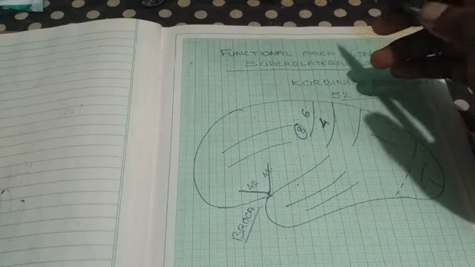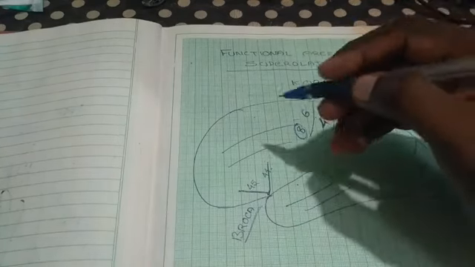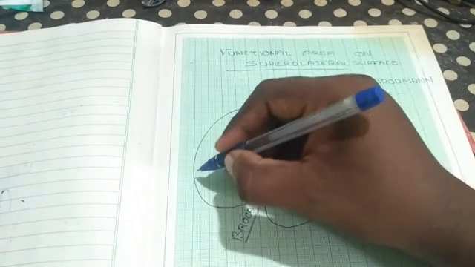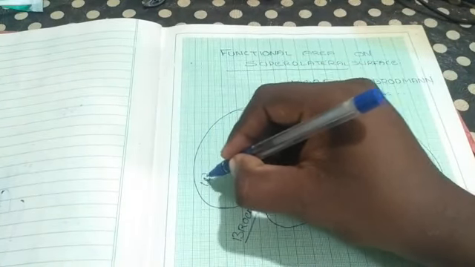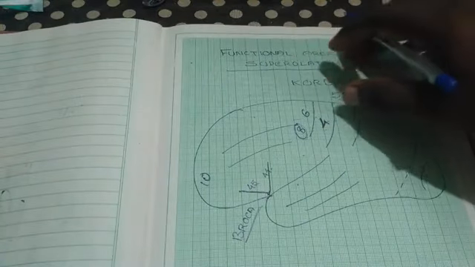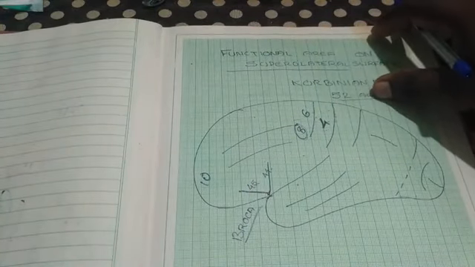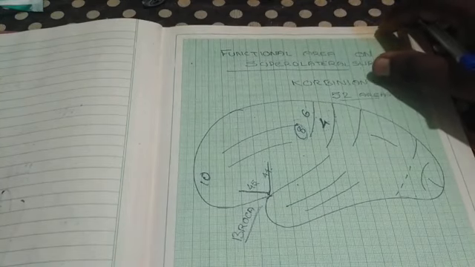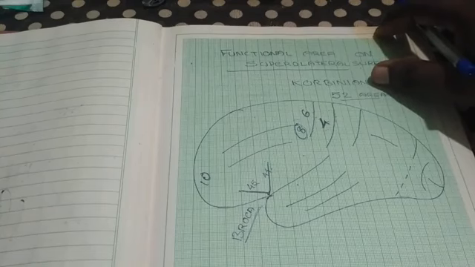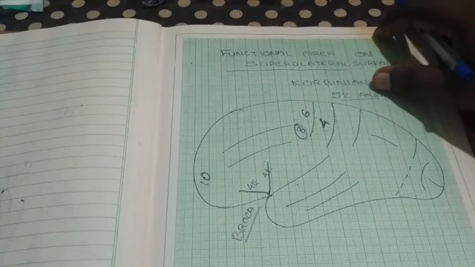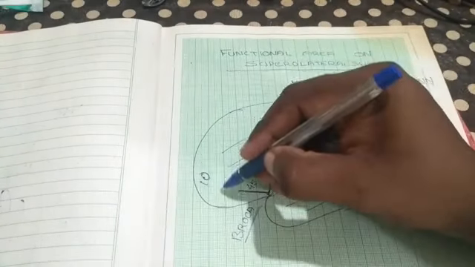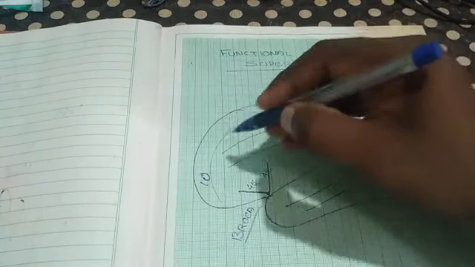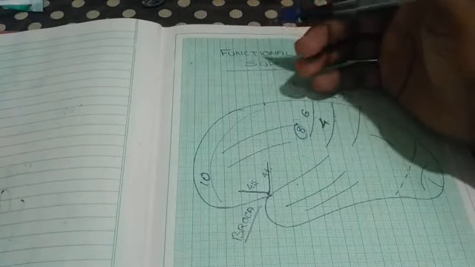Then we are going to learn about area number 10, the prefrontal area. The main function of this area is the strategic processes of movement, retrieval and executive functions such as problem solving, planning, execution, decision making, etc. Area number 10 is also present on the medial side of the brain.